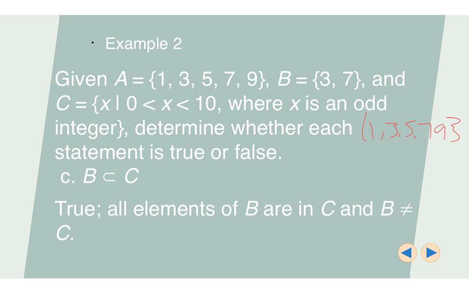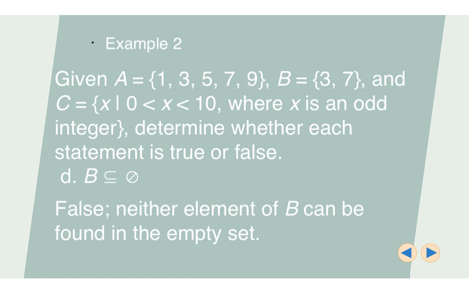Does B and C equal? They don't, because we have 3 and 7, but 3 and 7 is a part of this set, but doesn't equal that set. So the answer is true. All the elements of B are in C, and also B does not equal C, which is the second half of that definition.